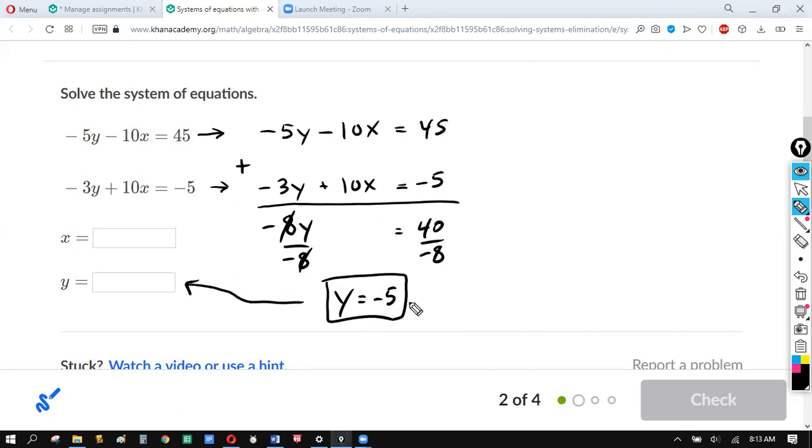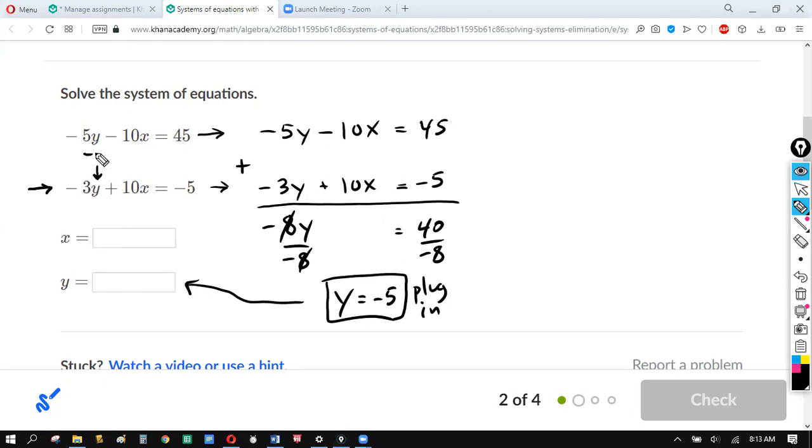And what do we do with y equals negative 5? You plug it into either one. All right. I'm going to plug it into this one because it's got a negative 3, and that's less than that. It doesn't matter. Either one's just as good or bad in this case.